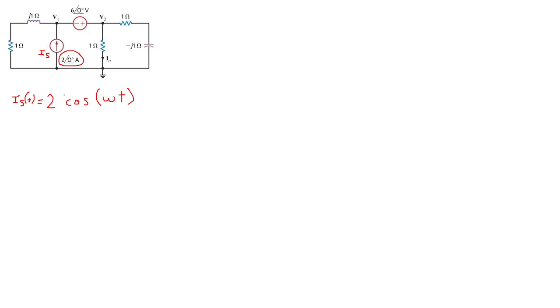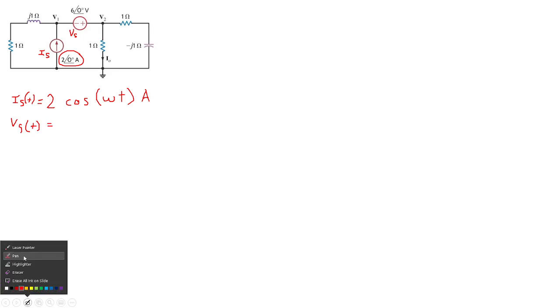And then the 2 here is what carries the amperes. It's telling us that this source, which I'll call IS, has a current going upward whose value is 2 cosine of omega t.